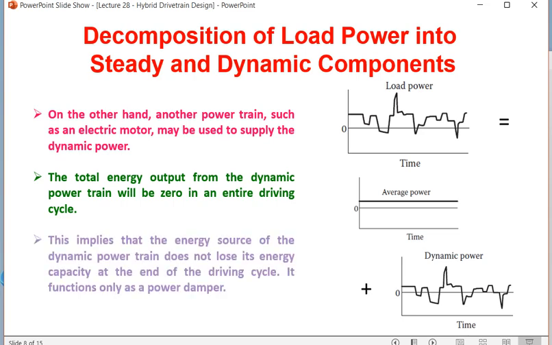This implies that the energy source of the dynamic powertrain does not lose its energy capacity at the end of the driving cycle. It functions only as a power damper. That means whenever some extra bumper power is required, only then will this battery and motor combination act. At other times it is silent and does not supply any power. At that time, the energy will be taken from the primary source, which is nothing but the engine and generator.